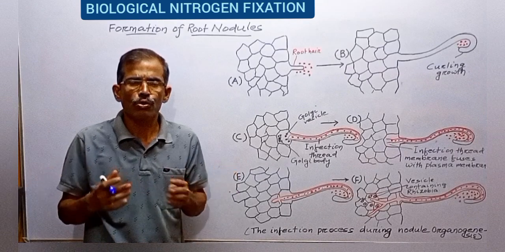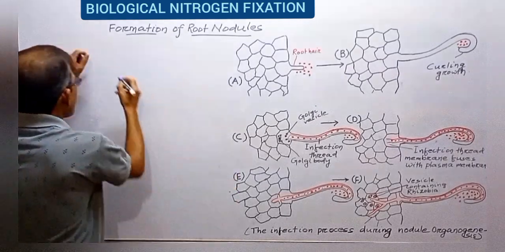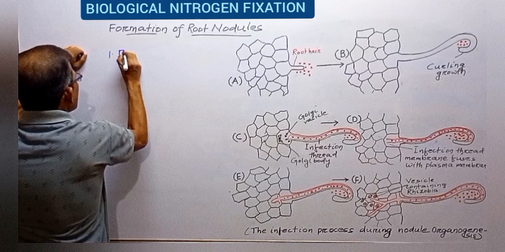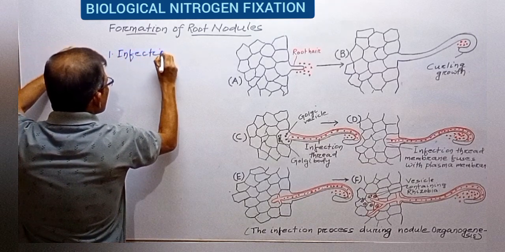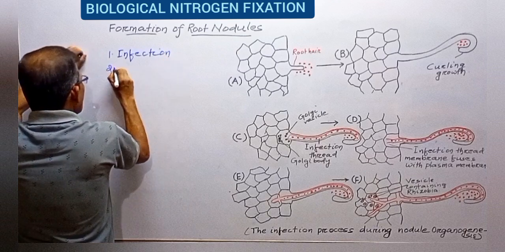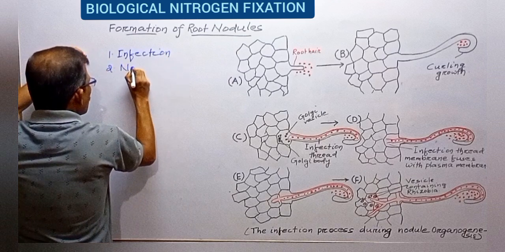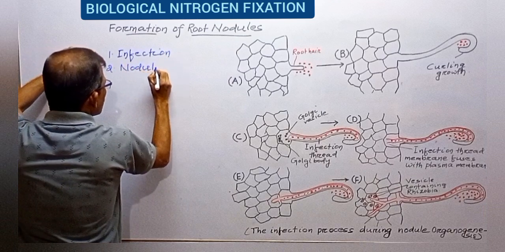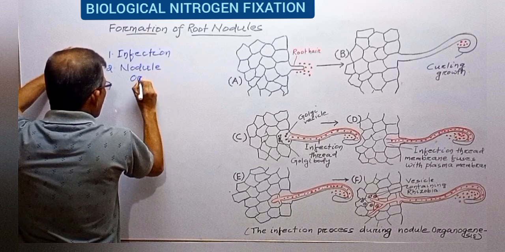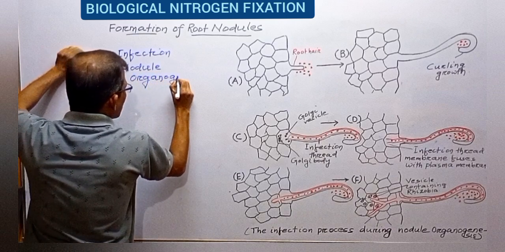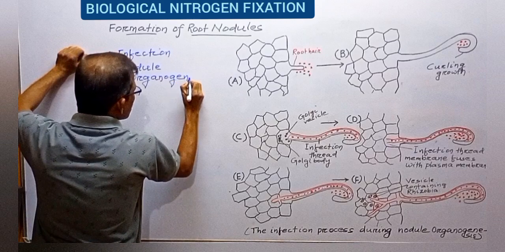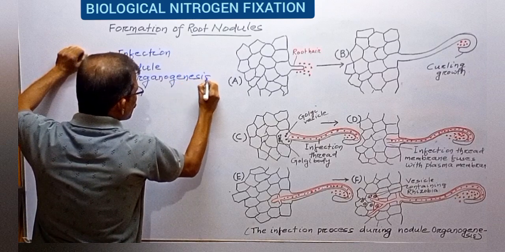Formation of root nodules. Two processes, one is infection and the other one is nodule organogenesis, occur simultaneously during the development of root nodules.